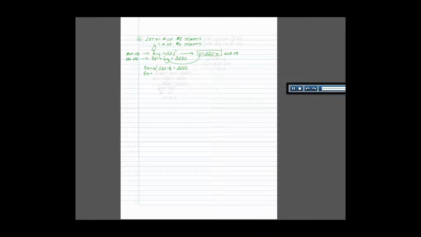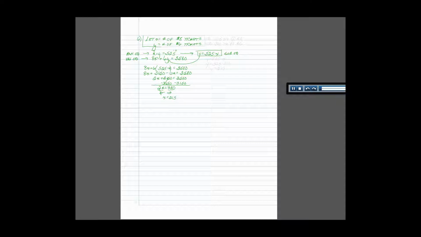8X plus, go ahead and multiply, you get 3,150 minus 6X equals 3,580. Combine like terms, 2X plus 3150 equals 3580. Subtract the 3,150 from both sides. You get 2X equals 430. Divide by 2, and we get X equals 215. And what was that?